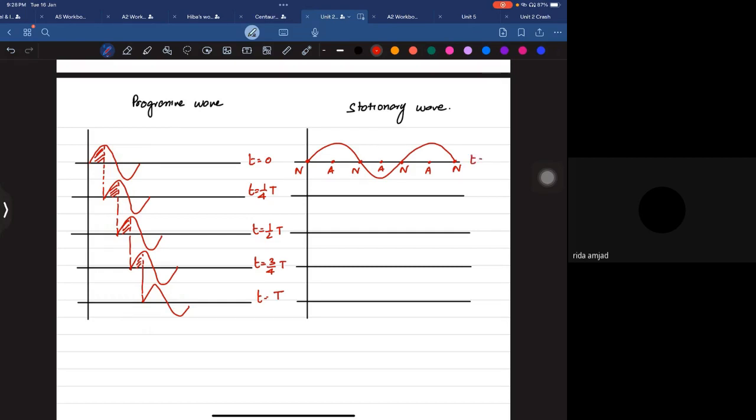So if at time t0 the wave looks like this, only antinodes can move. That means when the time is a quarter time period, the antinode right here is going to go down, this one is going to go up, this one is going to go down. So the wave is going to look like just this. Nodes will stay where they are, antinodes will stay where they are: node, antinode, node, antinode, node. Do you guys understand that?